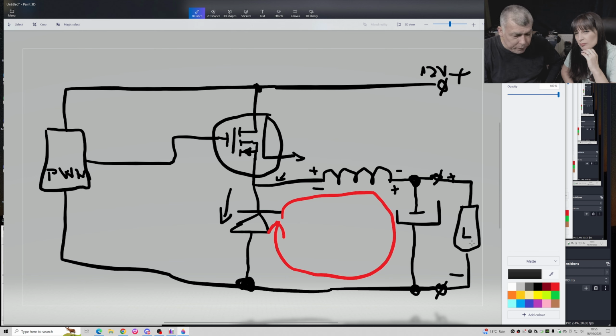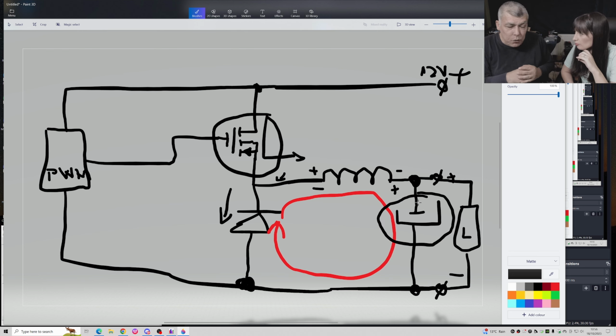That is wrong. The DC current will never flow through a capacitor. An AC current, yes, but not DC.